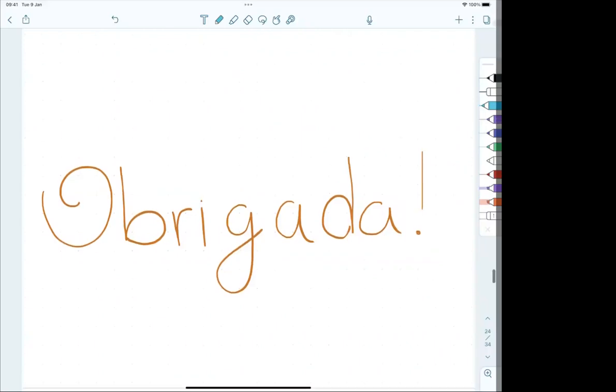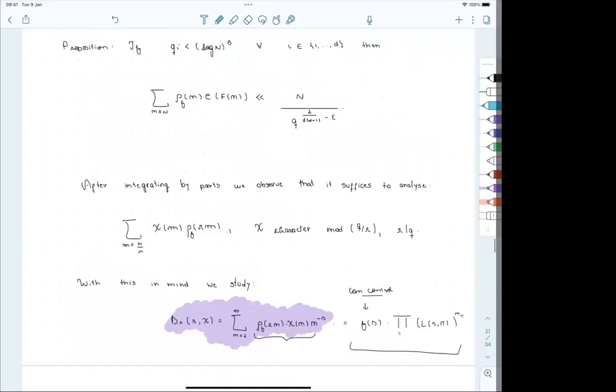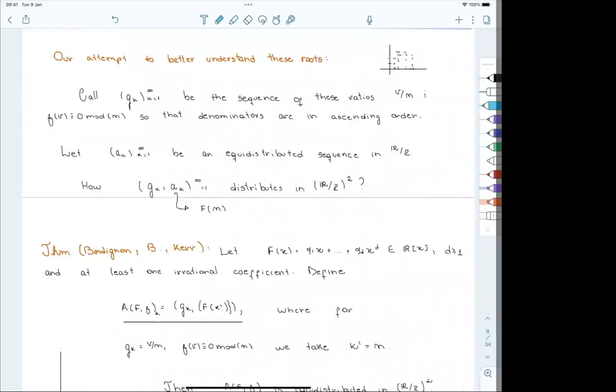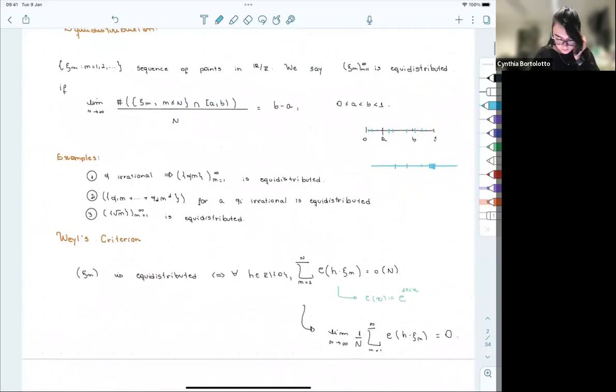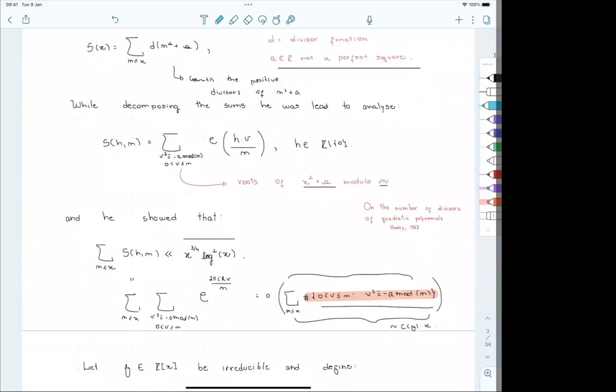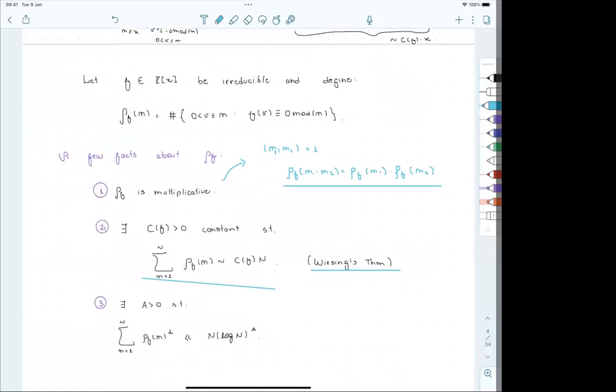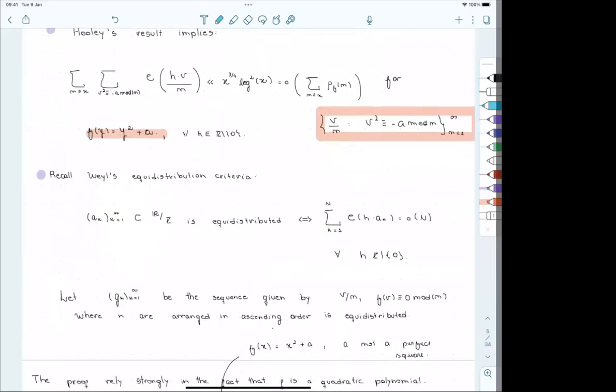So can you go back to the first page where you said Hooley proved equidistribution for the roots of a quadratic polynomial, and then in the following year for a generic degree, right?